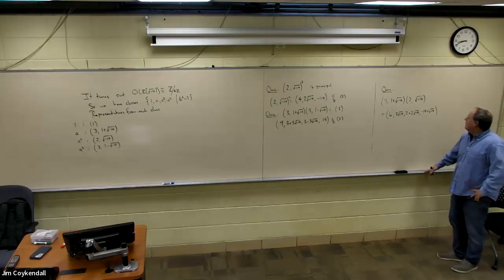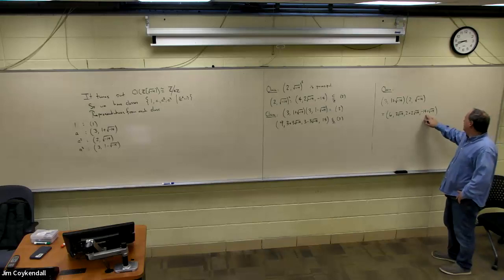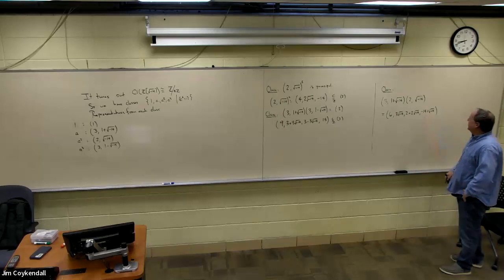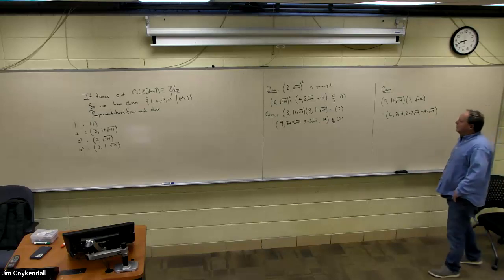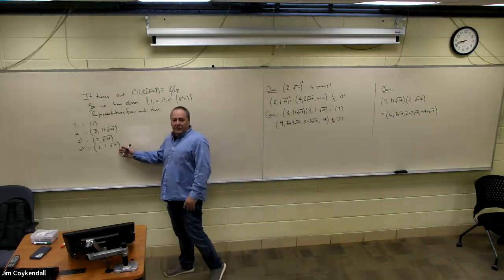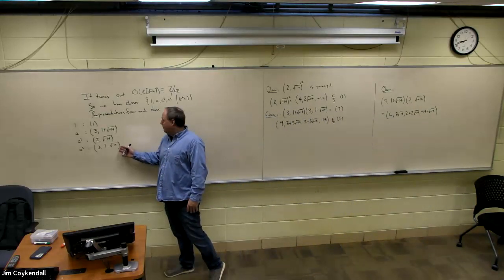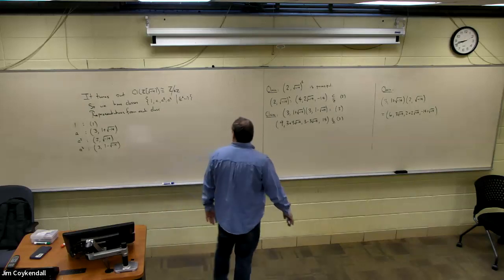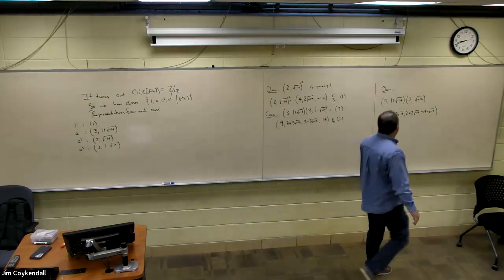All right, so notice that, let's see, I wonder if I can get it lower here. This should be an ideal of norm 6. So what we want to do is show that it is equivalent, so it's in the same class as this. So there's some principal ideal that you multiply this by and get this.